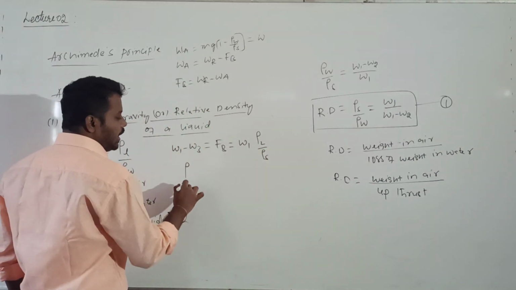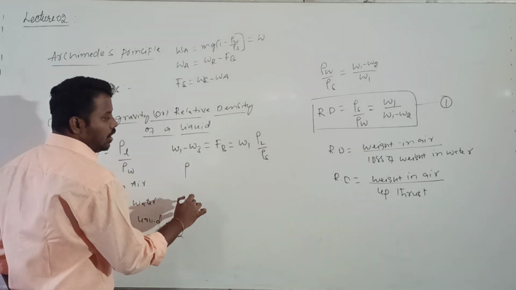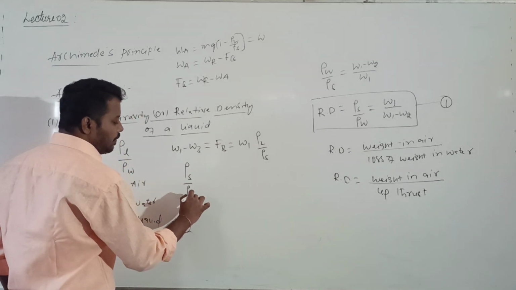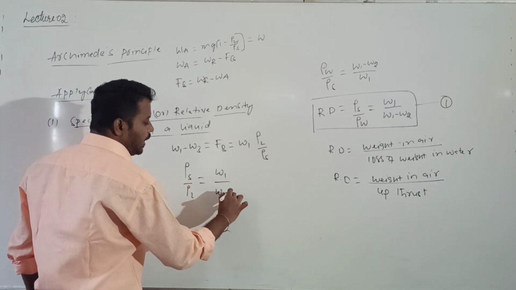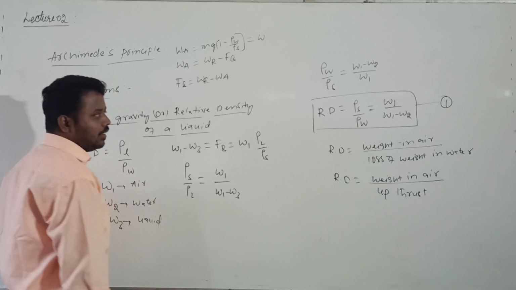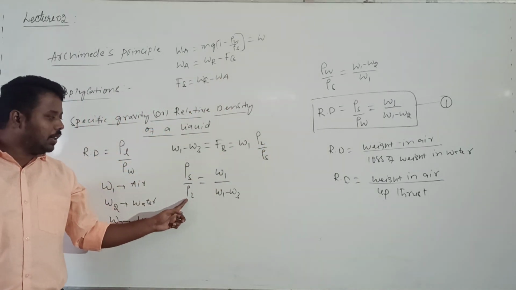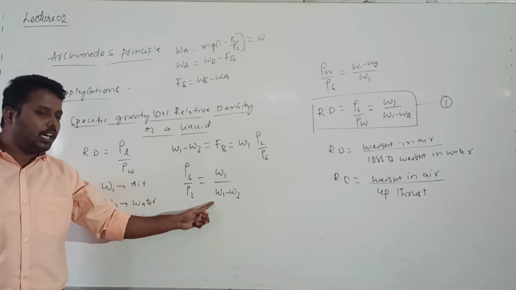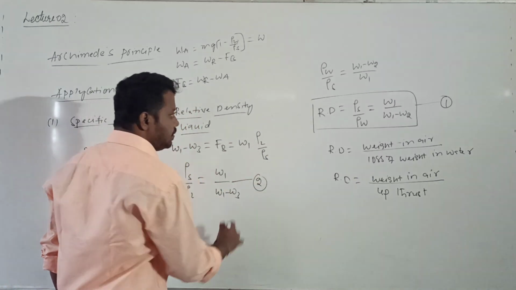So from this, what do I get? What is the value of rho s divided by rho l? It gives us W1 divided by W1 minus W3. By applying the same method, we get rho s divided by rho l equal to W1 divided by W1 minus W3. I will call it equation 2.